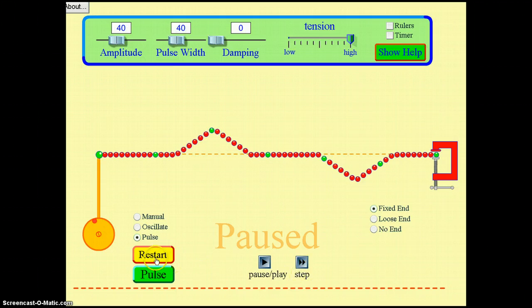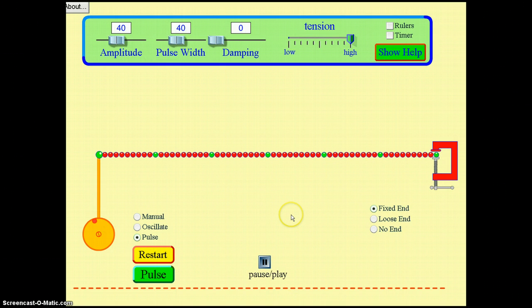Okay? Now, the reason I'm showing you this is because this is how standing waves in a string are formed. This is how standing waves in any medium are formed. I'm now going to turn the oscillator on by itself, and it's just going to continuously form waves that travel through the string.